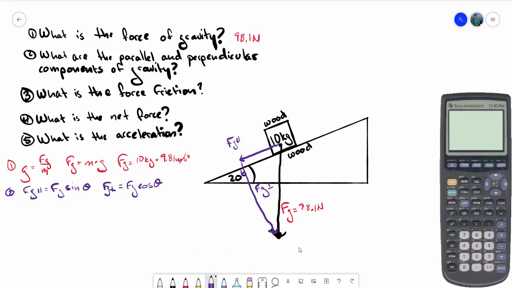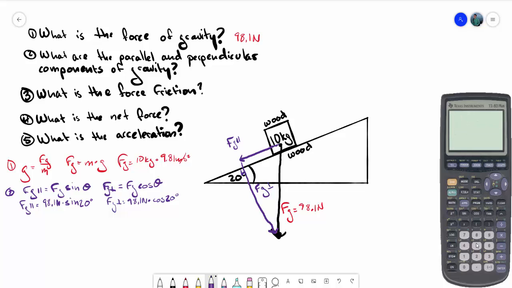So let's substitute in some values and let's solve. The force of gravity parallel is equal to the force of gravity, which we calculated to be 98.1 newtons, times the sine of 20 degrees. The force of gravity perpendicular is equal to the force of gravity, which we calculated to be 98.1 newtons, times the cosine of 20 degrees. And if we solve, let's clear this all out.